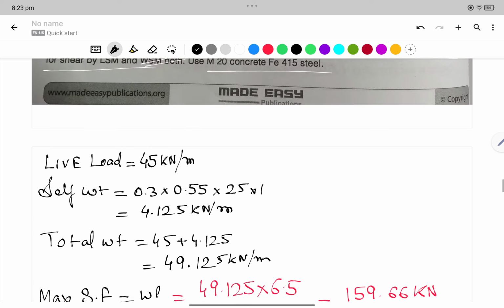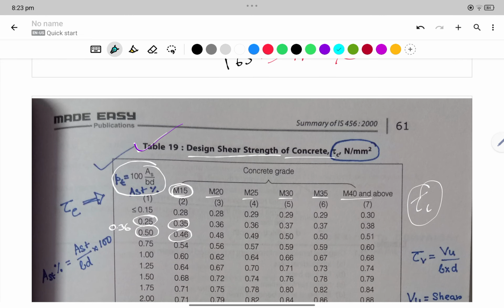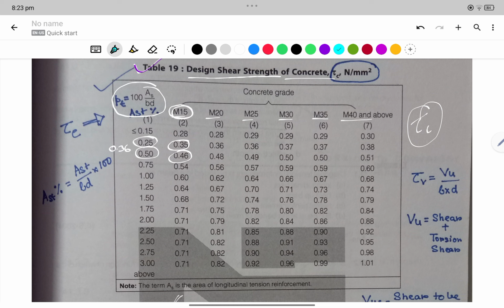We will check this in Table 19. We have percentage of steel 1.96 and M20. The value 1.96 lies between these two values, and for M20 we take these two values.